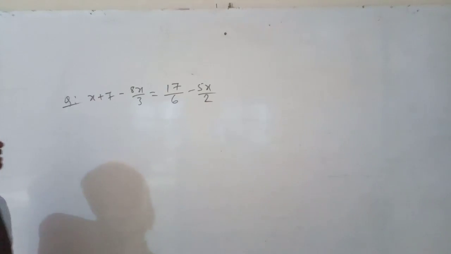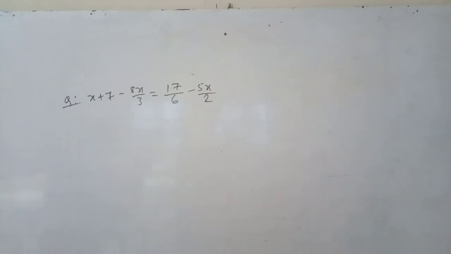This is the question given here. x plus 7 minus 8x by 3 equal to 17 by 6 minus 5x by 2.